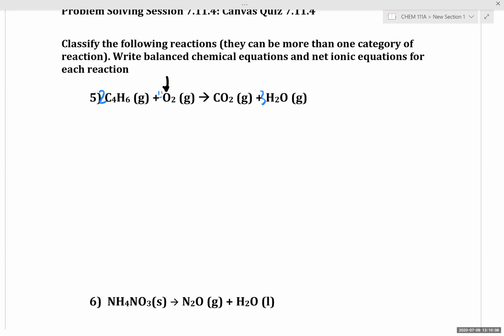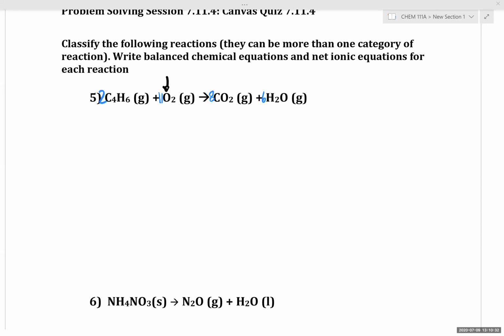And the coefficients look good so far. And looking at the coefficient for oxygen, yep, that looks good. Perfect.